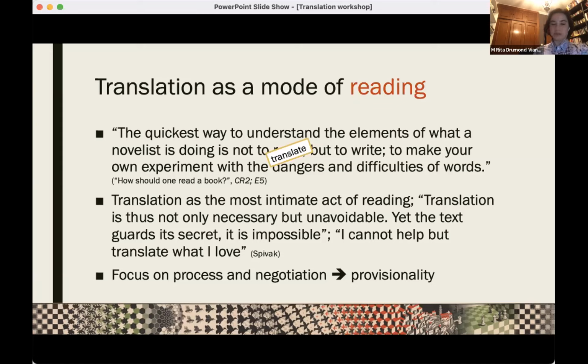The workshop itself was thought of in terms of progress and negotiation, and another word that popped up in Beth's talk today was provisionality. That was also something that we worked on. We worked on various drafts of translation, not a final product itself.